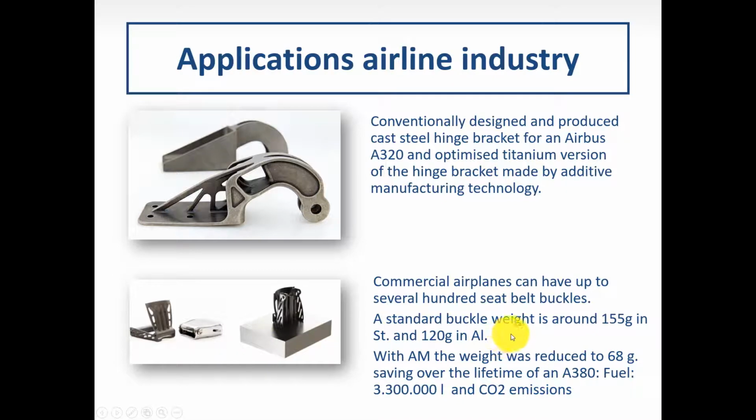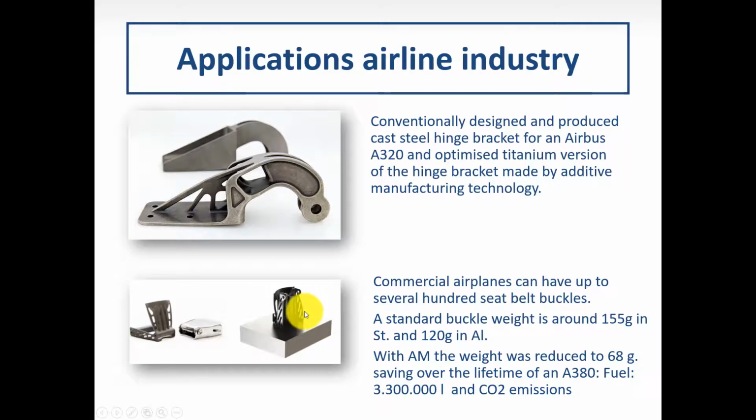But here comes the beauty of this. A standard buckle weighs around 155 grams. With the additive manufacturing, the weight was reduced by 68 grams. And then you might say, well, you know what? If you put it on my hand, I don't feel the difference. Well, here comes the interesting part.